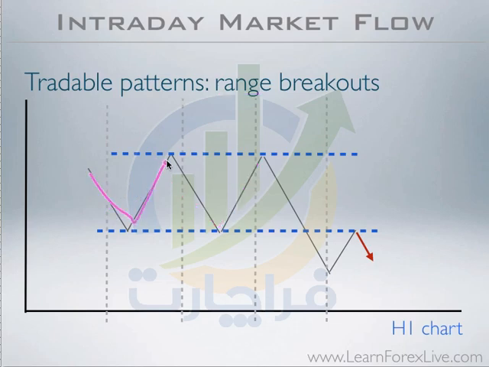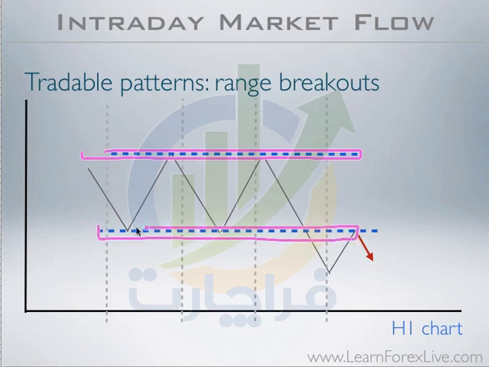It just keeps on flapping up and down, with the swings topping out and bottoming out at around the same level, and therefore we can define a horizontal line of resistance above price and a horizontal line of support below price, completely entrapping the price action.